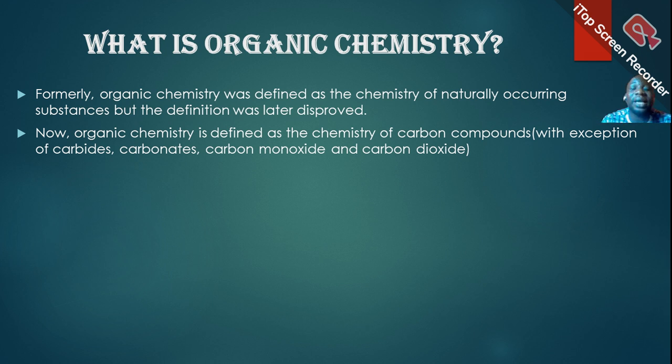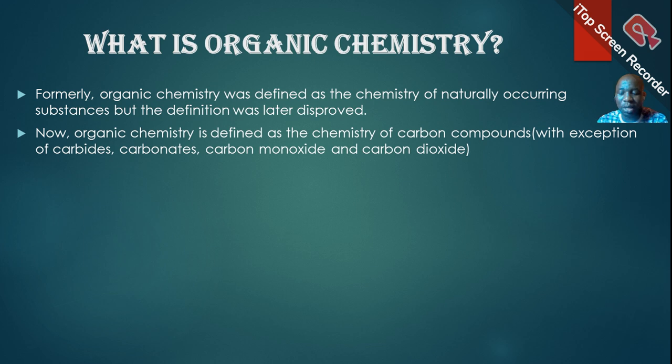So the oxides of carbon, the carbides, the carbonates, they are not organic compounds. Any compound that contains carbon, with the exceptions of the compounds listed, is an organic compound. So organic chemistry deals with the chemistry of carbon compounds.